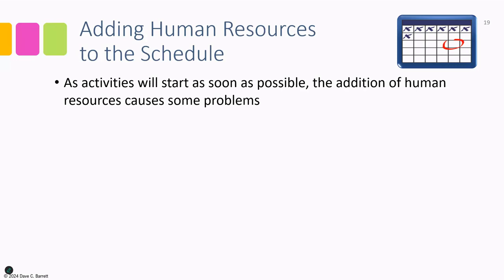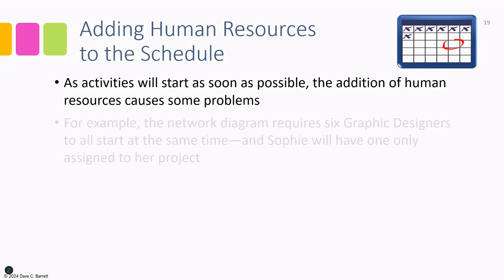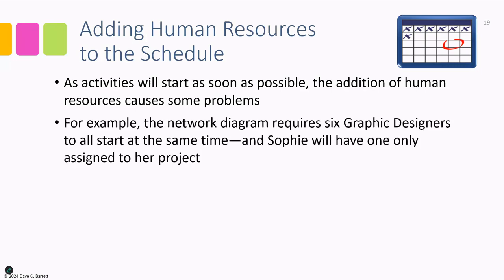So that becomes a problem, and that's something that we need to now reconcile. So, for example, the network diagram required, in effect, 6 graphic designers to all start at the same time in order to do what was originally proposed in that first network diagram. And Sophie will only have one.